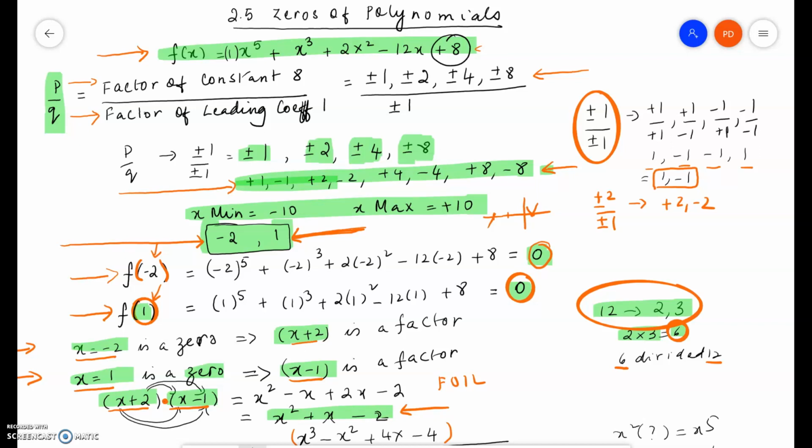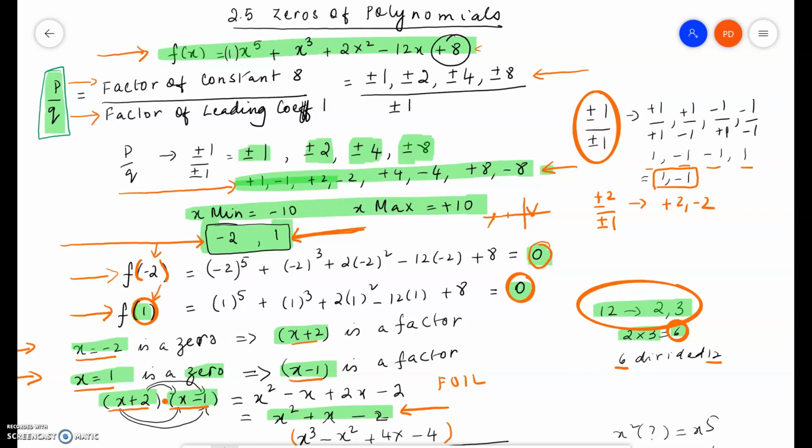the rational factor test. The rational factor test is going to give us possible rational zeros of the function. And this is how we use the rational factor test. A rational factor is always in the form p over q, where p is a factor of the constant term.